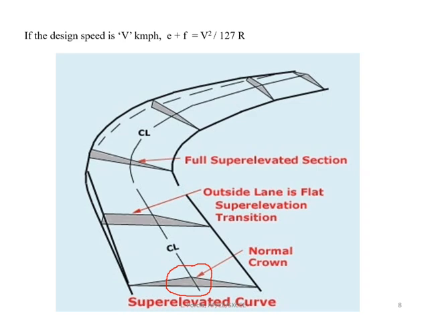And we can see the inner part of the road has the natural camber and the outer half of the road is flattened to provide the super elevation. And here this is the actual circular curve part, and here we can see the full super elevation. And again comes the transition zone here.